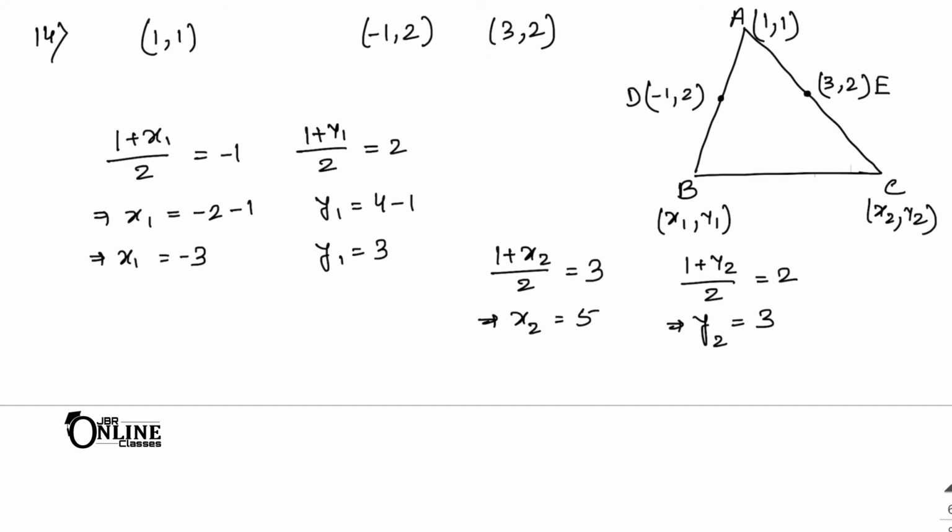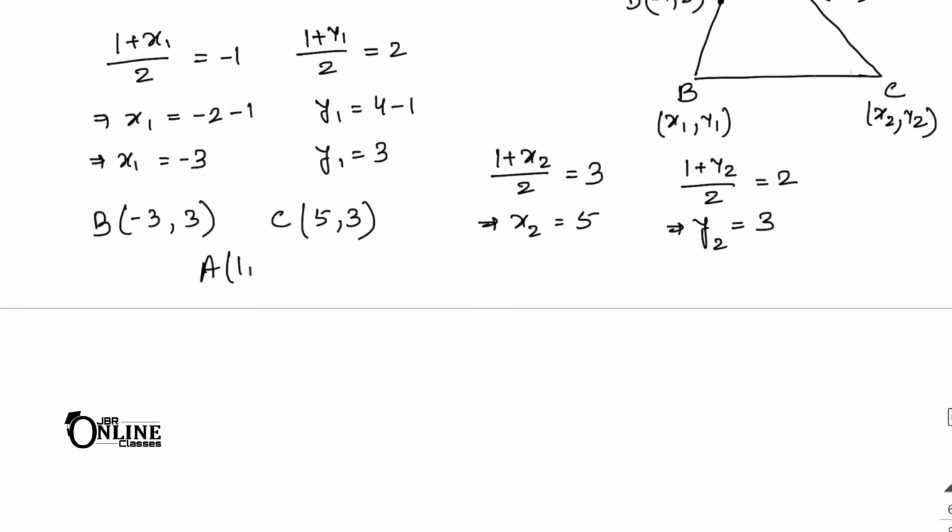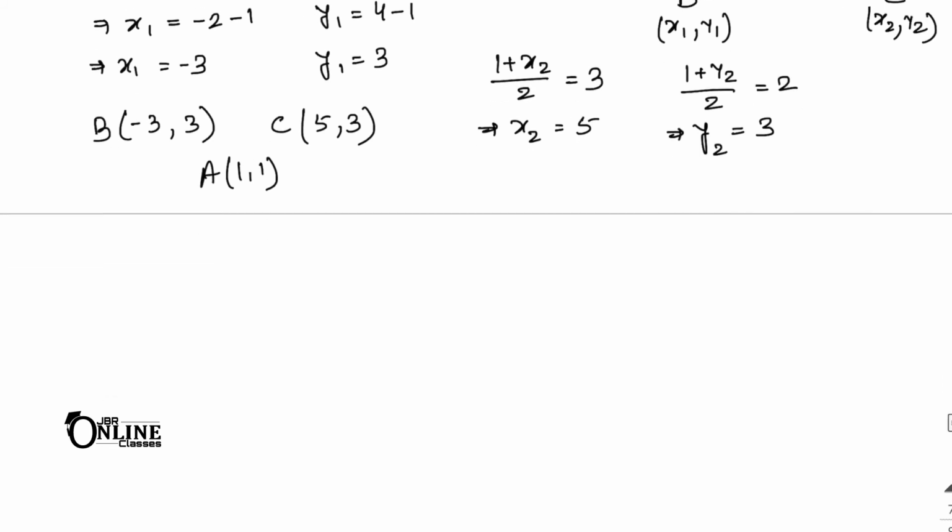Okay, so here the first coordinate, that is (-3, 3) as the B coordinate, and the C coordinate here (5, 3). Now you have to find out the centroid because you know also the A coordinate, that is (1, 1). So here the formula of centroid, that one equal to x, so (-3 plus 1 plus 5) by 3, and then here next (3 plus 3 plus 1) by 3.